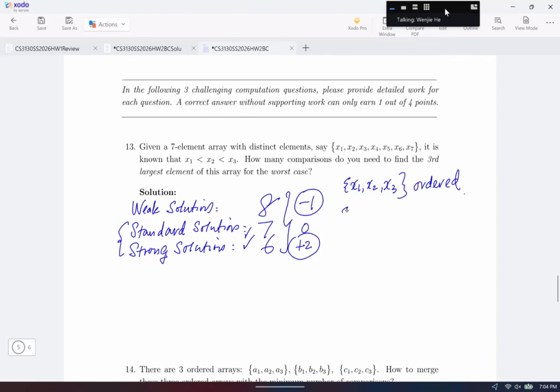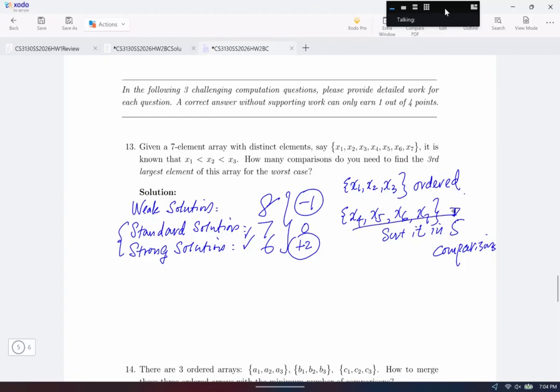Then the last 4 elements are not ordered, but we sort them. Sorted in 5 comparisons, right? We know it. The optimal solution to sort a 4-element array is 5 comparisons. All right, make it ordered.